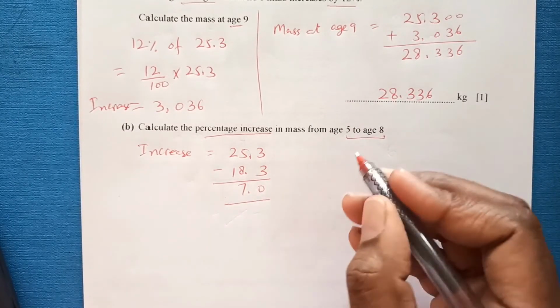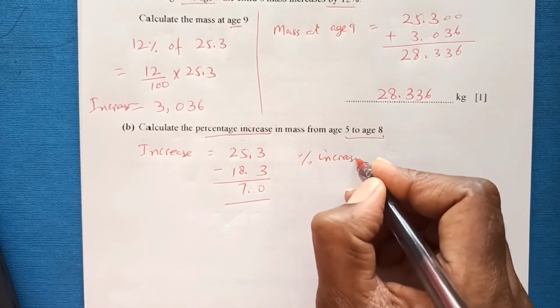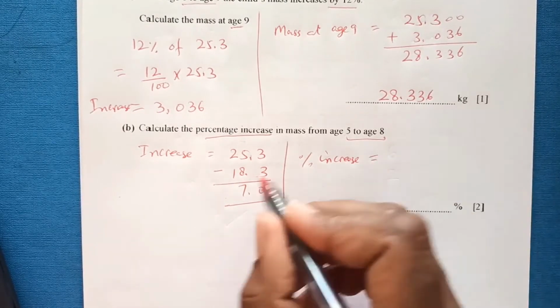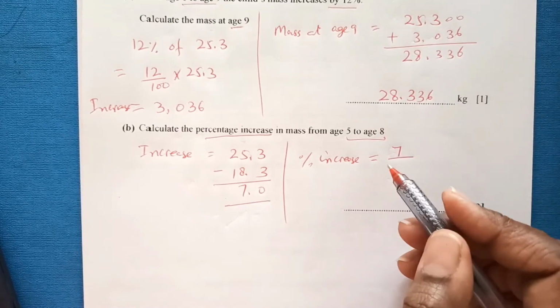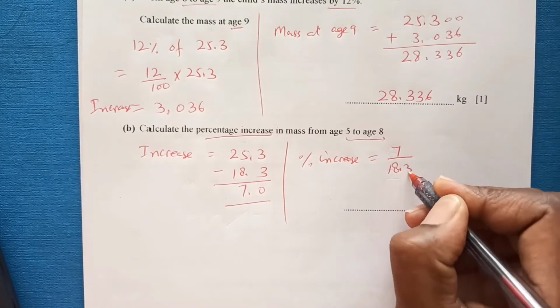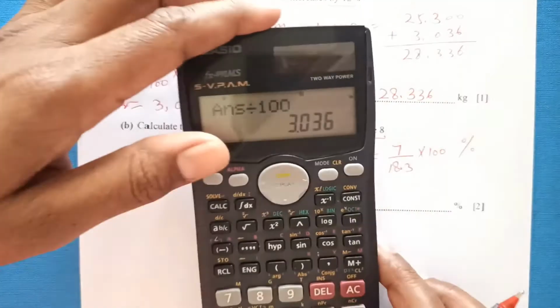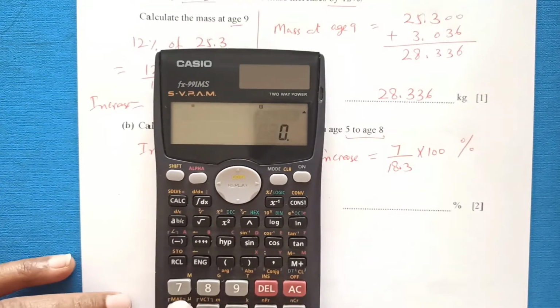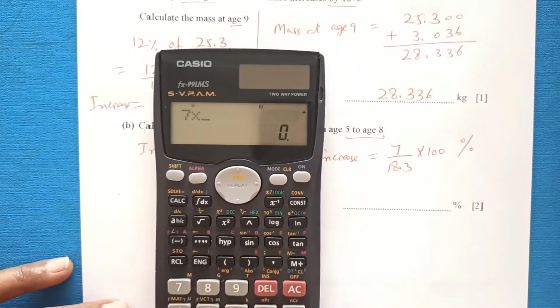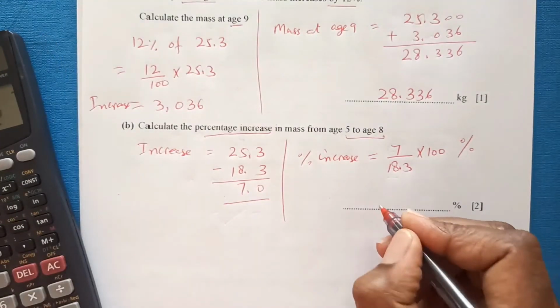So the percentage increase is the increase, 7, over the starting value, 18.3, times 100. That will give you the percentage. So let's calculate: 7 times 100 divided by 18.3. So this is 38.25.